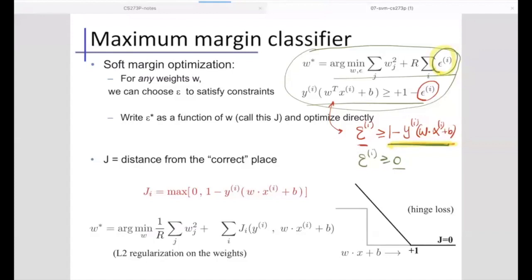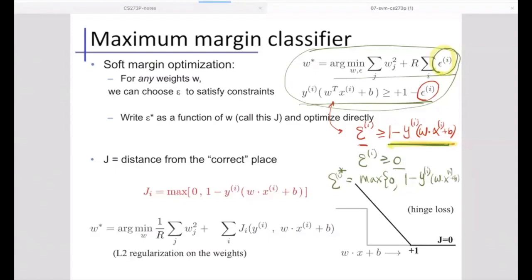So this constrained optimization problem, I can rewrite it. The optimal epsilon is simply going to be the larger value among the two: the max of either 0 or 1 minus y_i (w dot x_i plus b). That's what this says.